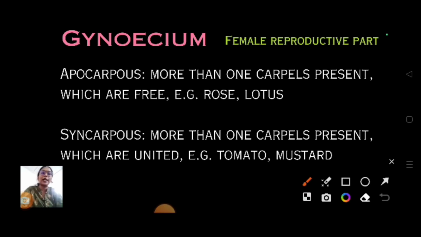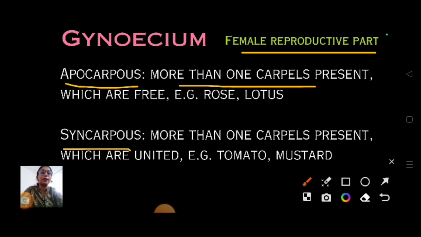Let's talk about gynoecium, that is female reproductive part. Let's see about apocarpous and syncarpous condition, where more than one carpels are present. More than one carpels are present means the female reproductive part. Carpels means what? They are having stigma, style, ovary, that female part.